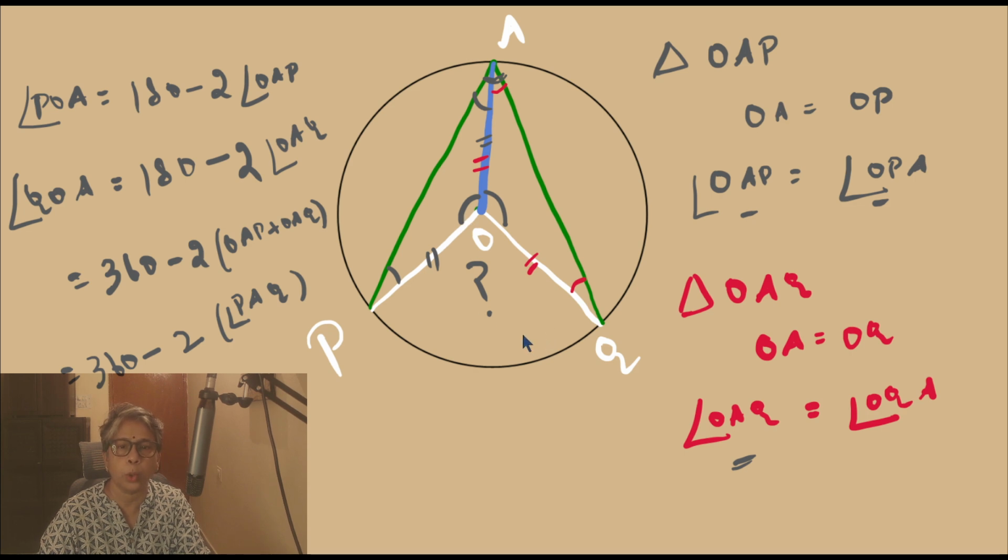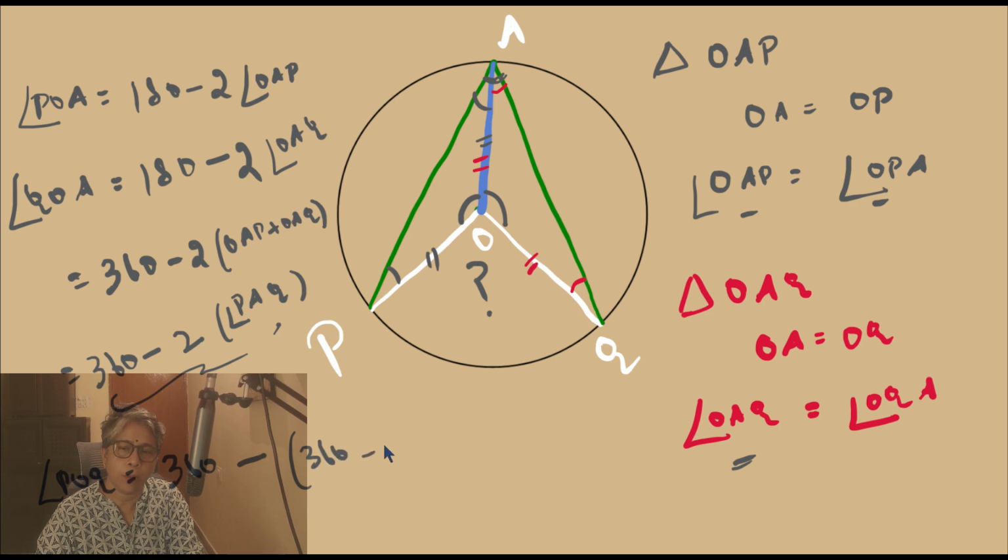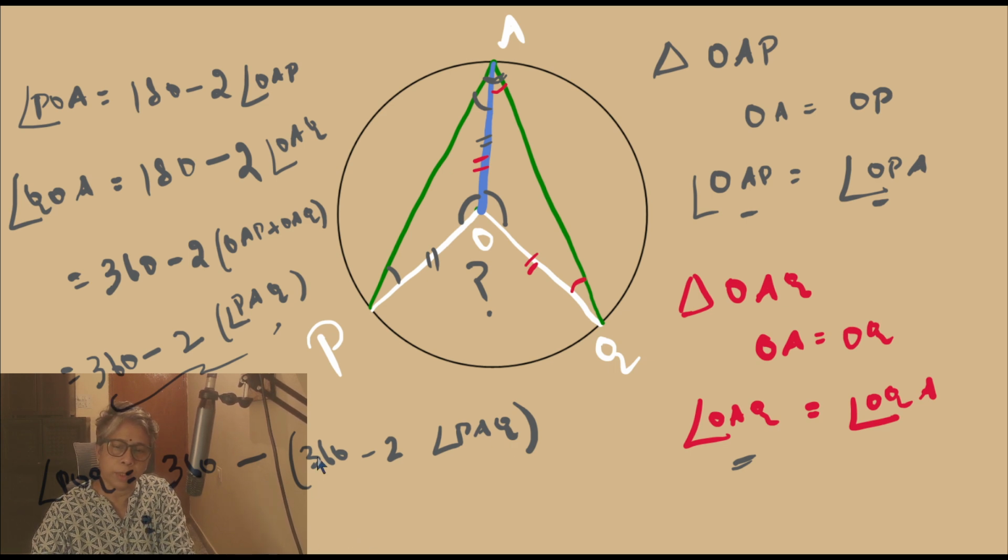What is POQ? POQ would be equal to 360 minus this whole thing, which is 360 minus the quantity 360 minus 2 times angle PAQ. 360 minus 360 is 0, and minus into minus gives plus, so 2 times angle PAQ. And so we have a relationship between POQ and PAQ.